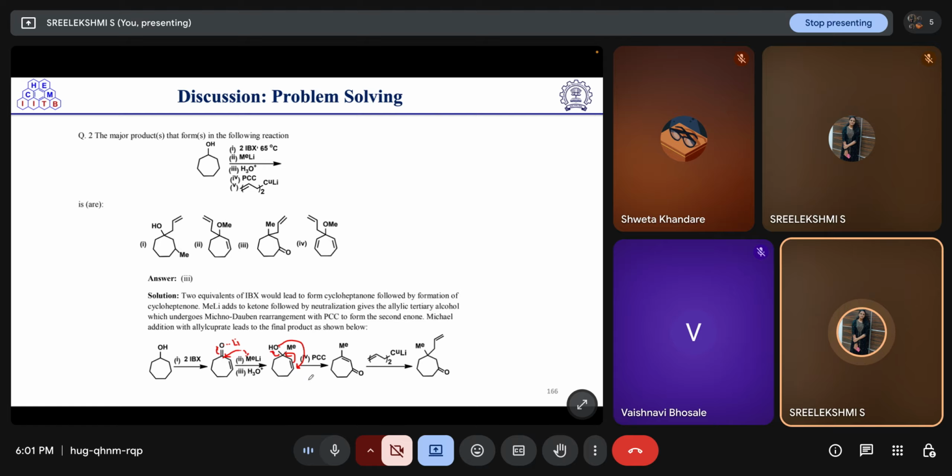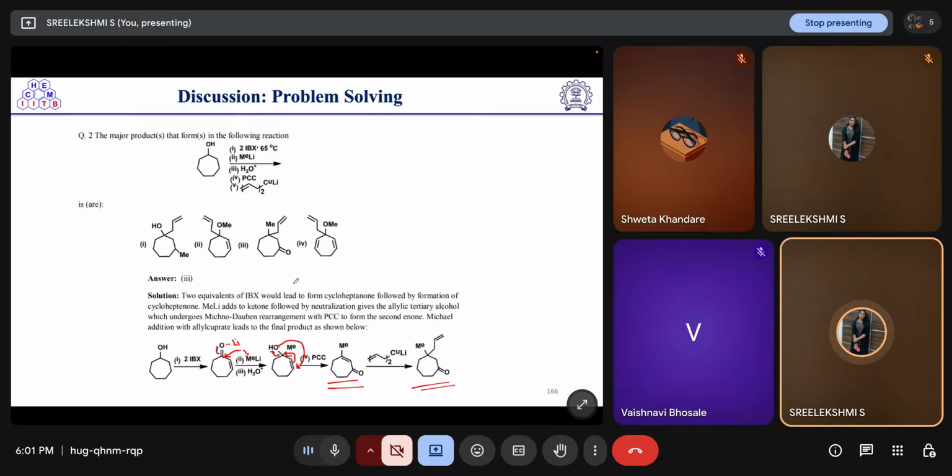It's an ene type of reaction, so that will give this transposition product. Then the Gilman reagent is used, that will result in 1,4 addition. 1,2 addition will not take place, 1,4 addition will take place. This allyl group will attack over this fourth position of this double bond. So we will be getting this product.